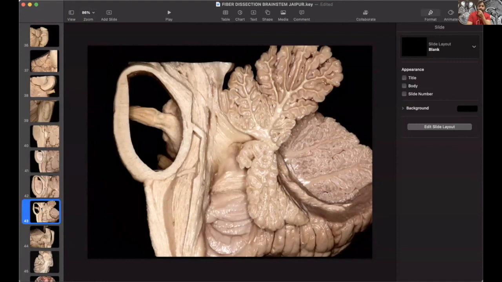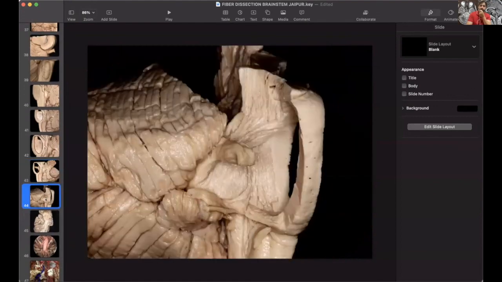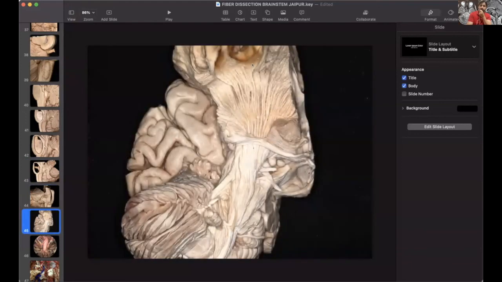So this is again a cut section with the cerebellum, roof of the fourth ventricle, floor of the fourth ventricle. And of course, this is again how this fifth nerve is related to the rest of the pons, in deep dissection. So technically we have very prominent corticospinal tracts running in the front, and we have a lot of nuclei in the back. So if you know how they are related, then of course it is helpful for approaching.